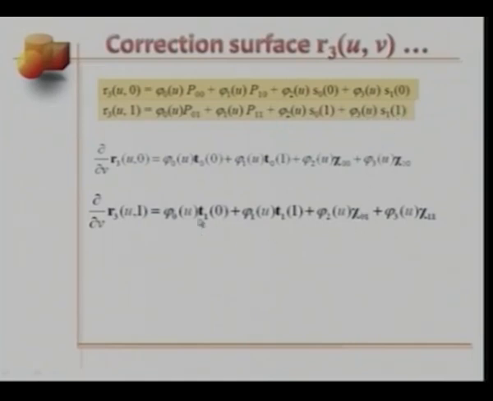And just now we computed what partial R3 over partial v are for v equals 0 and v equals 1. They are respectively phi 0(u) T00 plus phi 1(u) T01 plus phi 2(u) chi 00 plus phi 3(u) chi 10, and phi 0(u) T10 plus phi 1(u) T1 evaluated at 1 plus phi 2(u) chi 01 plus phi 3(u) chi 11.